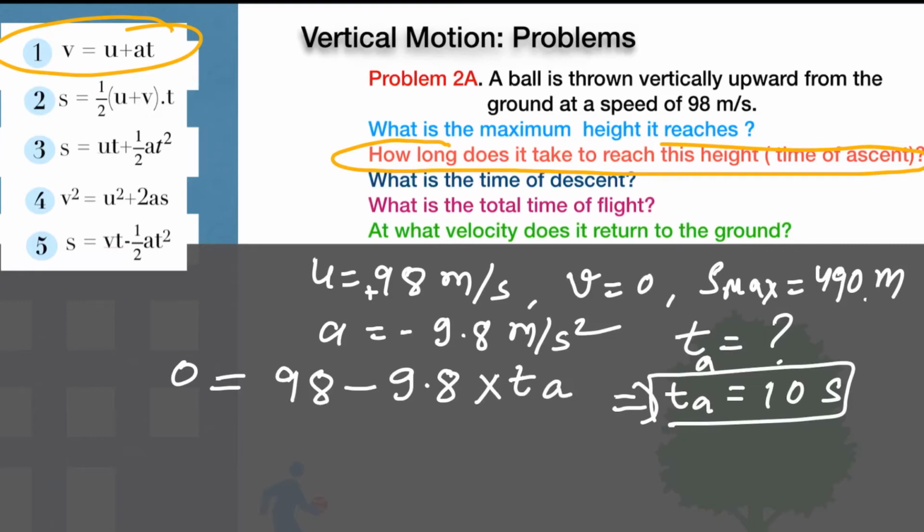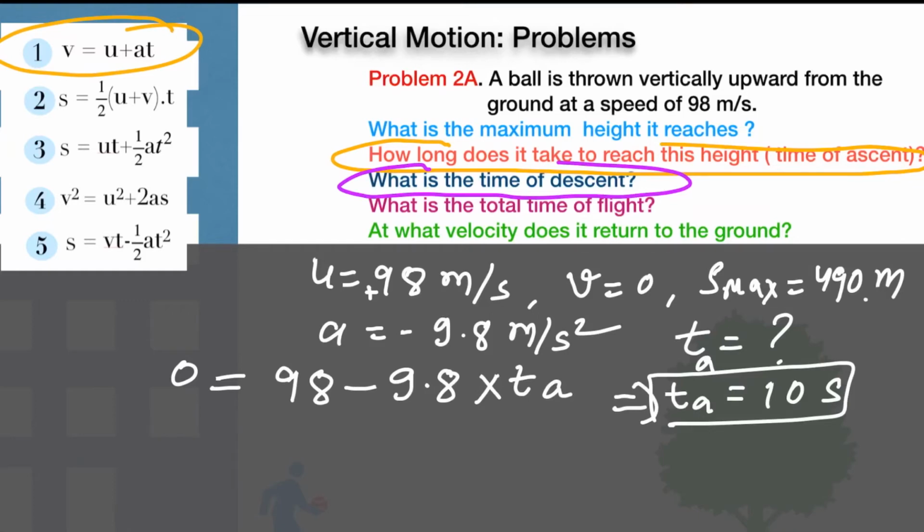Now the next part of the question is, what's the time of descent? How much time will the ball take to come down from the highest point? Remember, when the motion is under gravity, this time is the same as the time of ascent. We can check this using the equations of motion. Let's see.